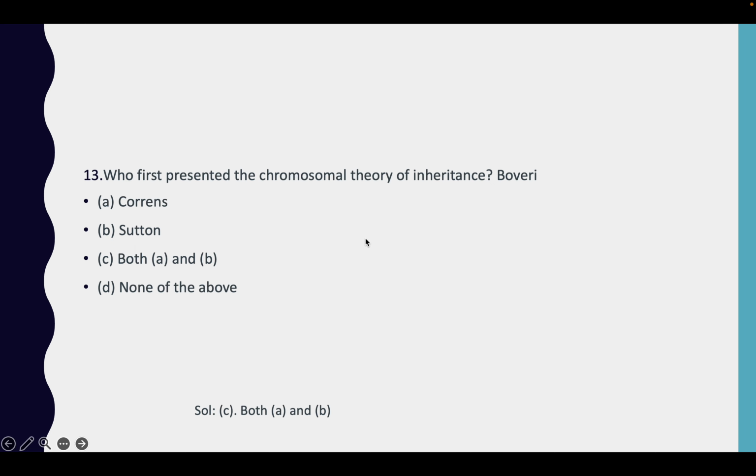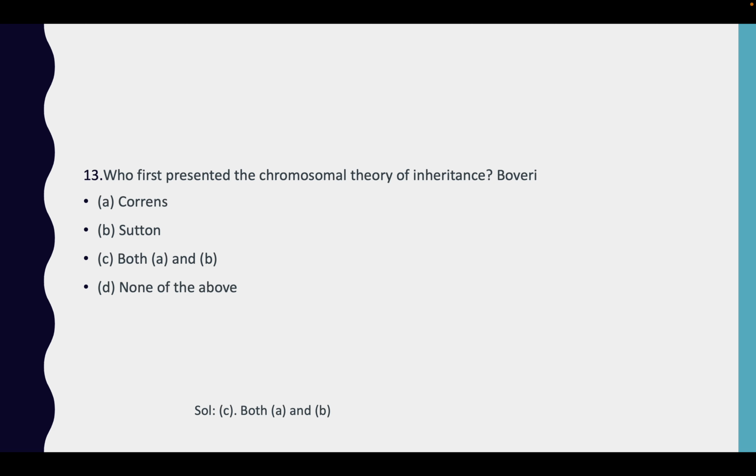Okay, so it was given by Boveri and Sutton in the early 1900s. It is the fundamental theory of genetics. According to this theory, genes are units of heredity and are found in the chromosomes. The chromosomal theory of inheritance came into existence long after Mendelian genetics.